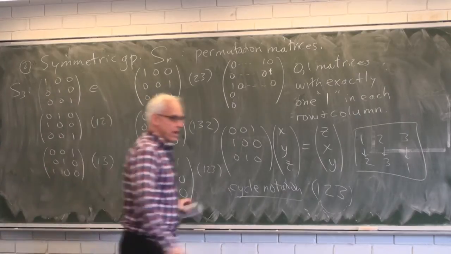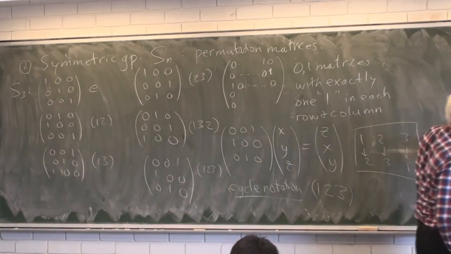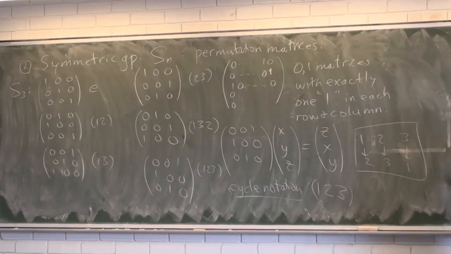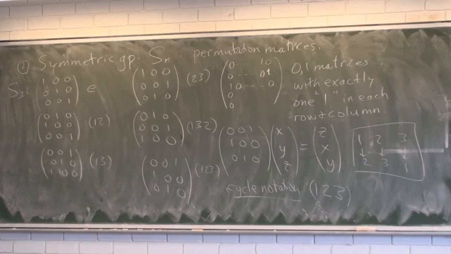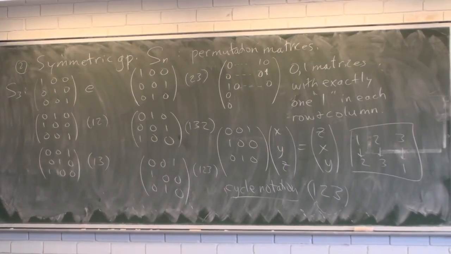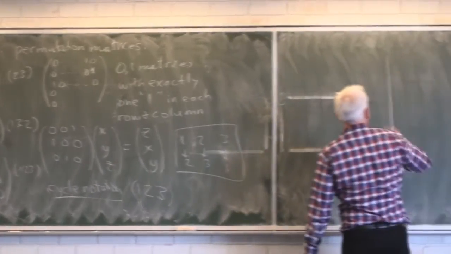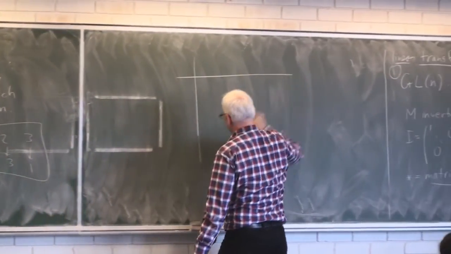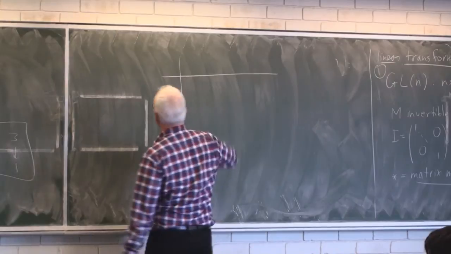And now we can write down a multiplication table. And the table will have 36 entries because it's a 6 by 6 table.